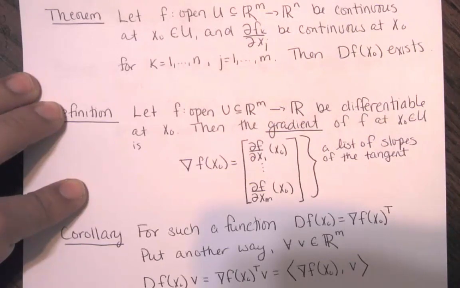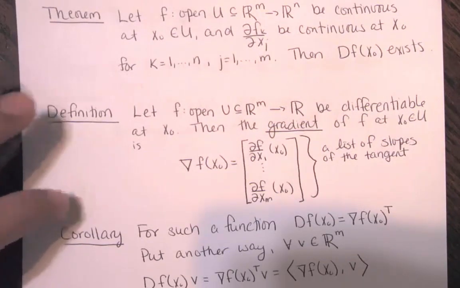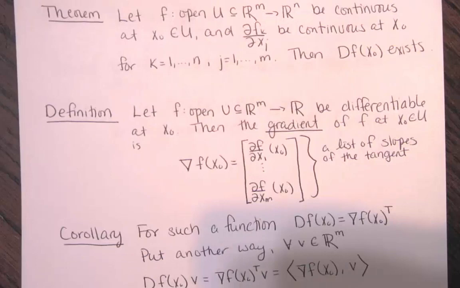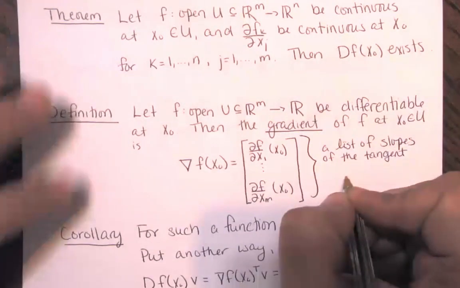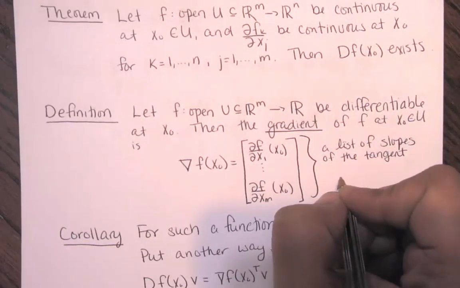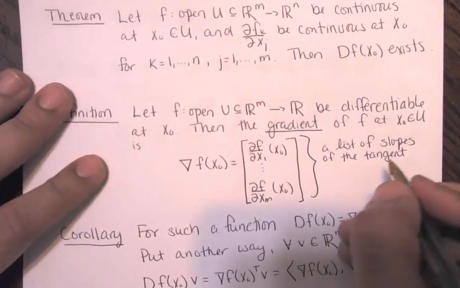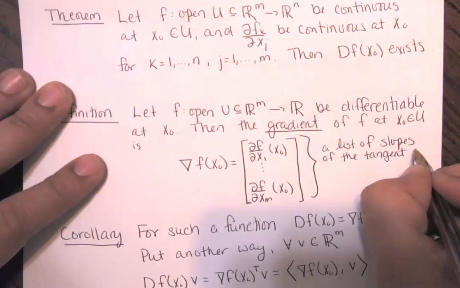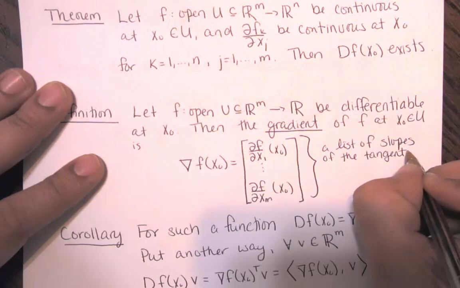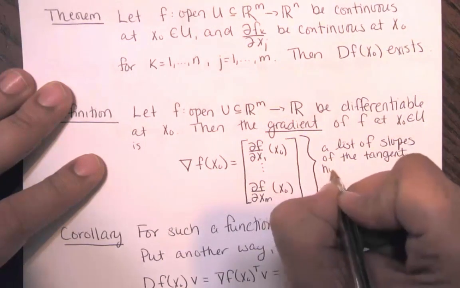We can't exactly say a tangent plane because m could be bigger than 2. What we really mean is a hyperplane. In other words, a hyperplane is something that exists in a dimension 1 less. The list of slopes of the tangent hyperplane.